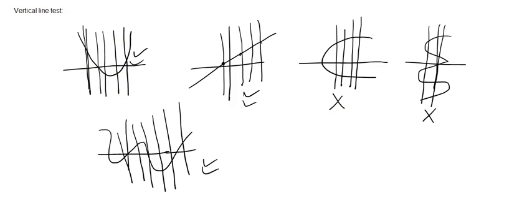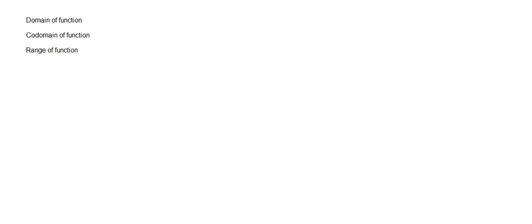Now we will discuss in detail the domain of a function, the codomain of a function, and the range of a function. Say my function is defined from set A to set B. Then my set A will be known as the domain all the time, or we call it the values of x.